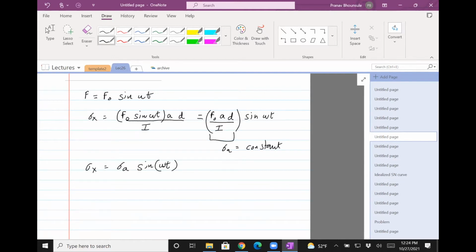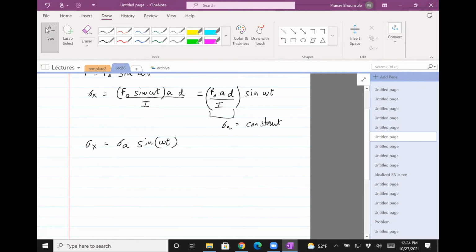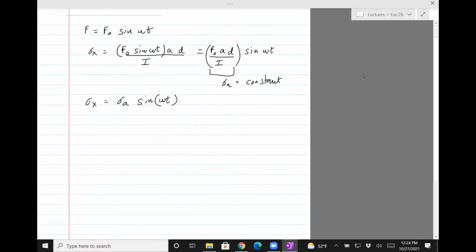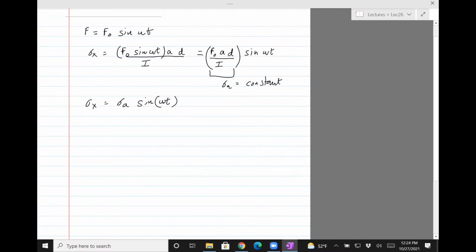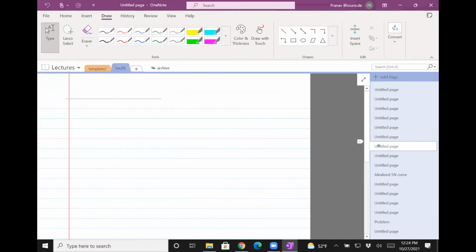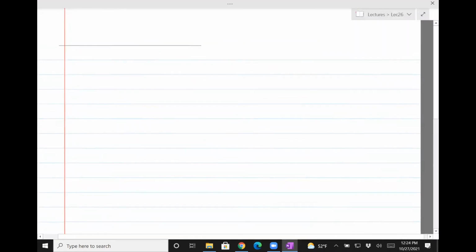Now the final step is the actual experimental protocol. This is how it goes. Let me just do it on a new page. So, third experiment. We have sigma equals sigma o sine omega t.